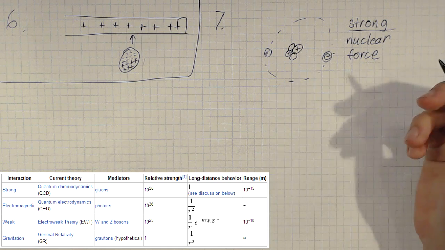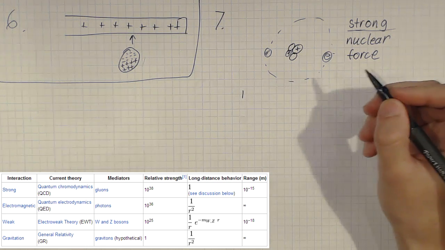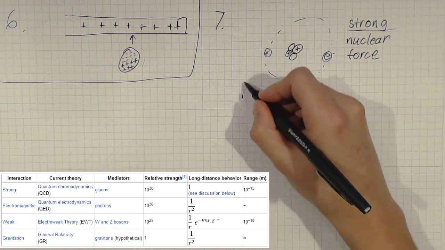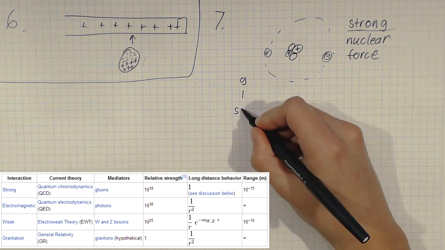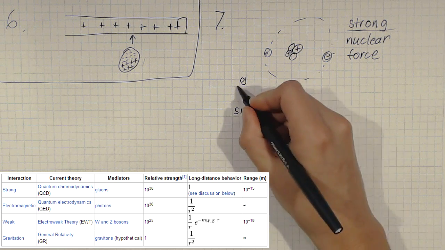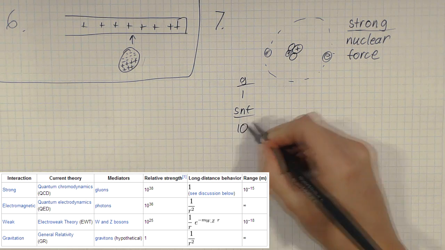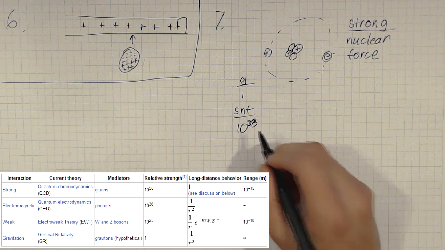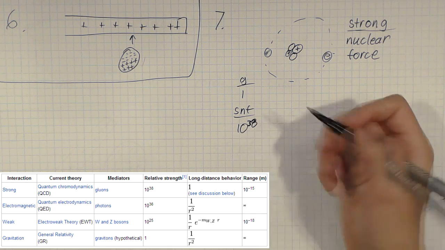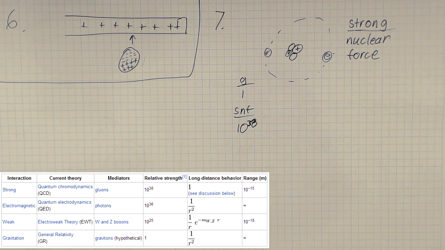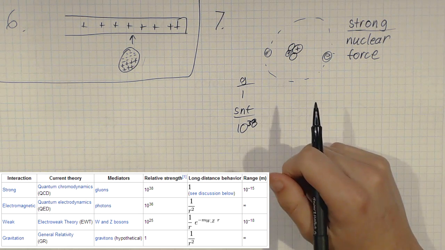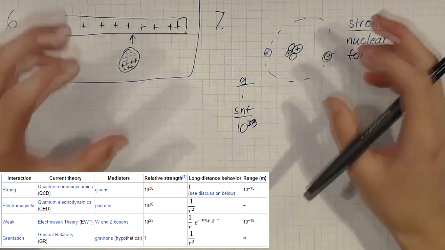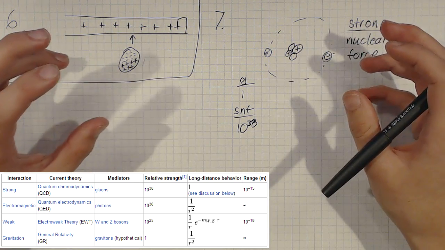If we assign gravity a relative strength of 1, the strong nuclear force has a relative strength of 10 to the 38th. So it is 10 to the 38th times stronger than gravity, but it acts on a very short distance. Gravity attracts every object in the universe to every other object in the universe, but it's very weak.